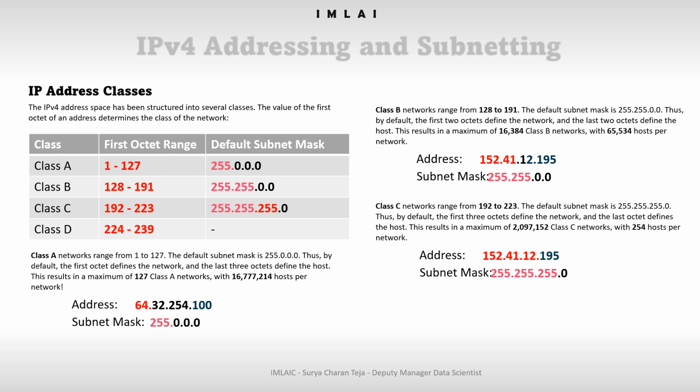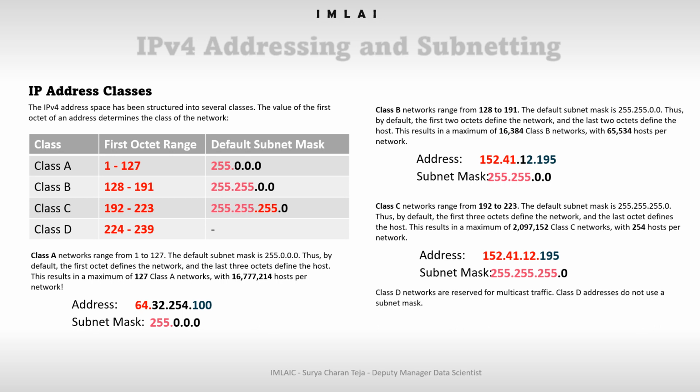So we have just 254 hosts per network. But if you multiply the maximum number of networks it can have with the maximum number of hosts per network, you get the total number of hosts that a class C network can hold.